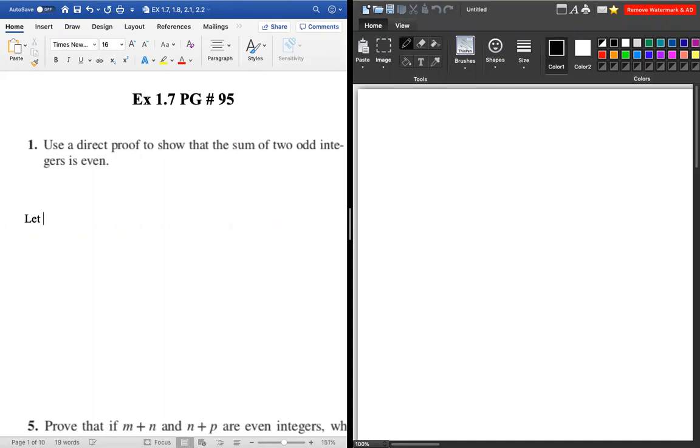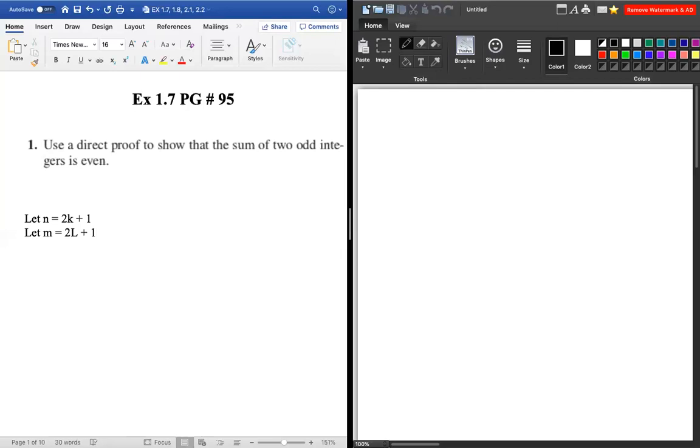Let n be one of the integers, so n is 2k plus 1, and then another integer m equals, let's say, 2l plus 1. Okay, so those are our two integers.